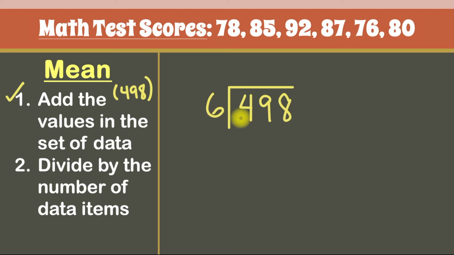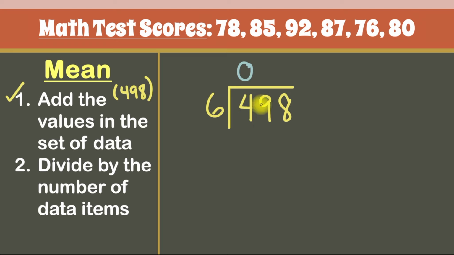And now we'll try to divide 498 by 6 one digit at a time. How many times can 6 go into 4? Well, it can't, which means it goes into it 0 times. So we'll put a 0 over the 4. Next, we'll see how many times 6 can go into 49.